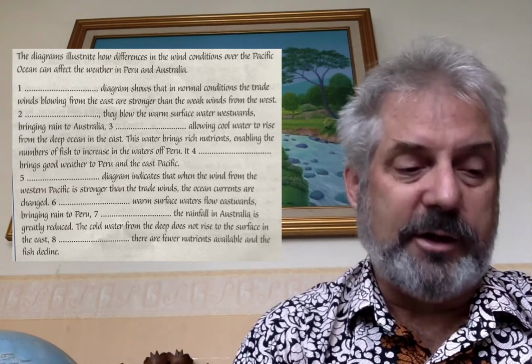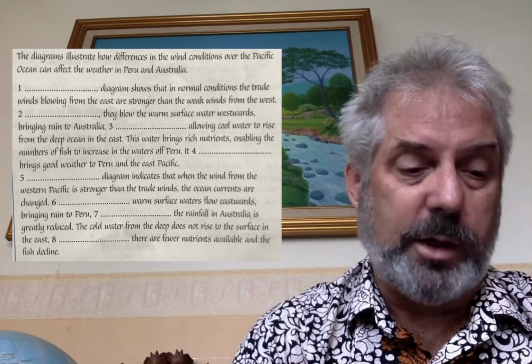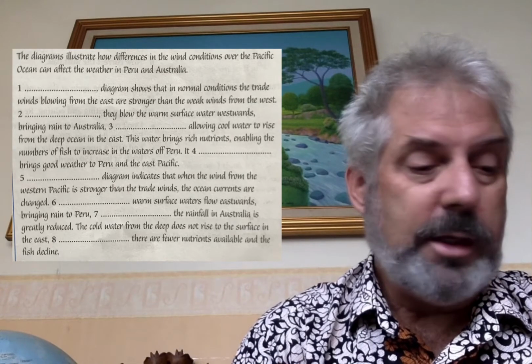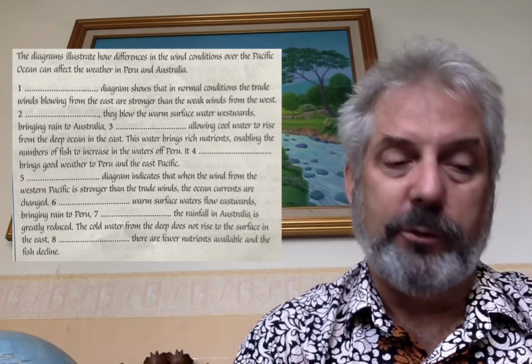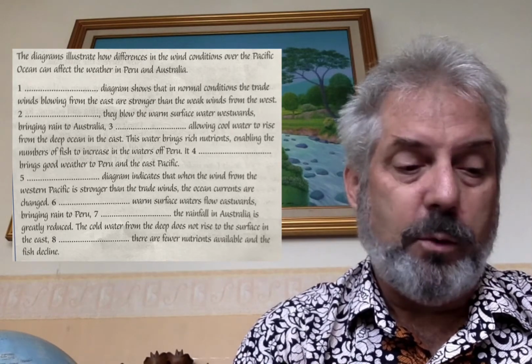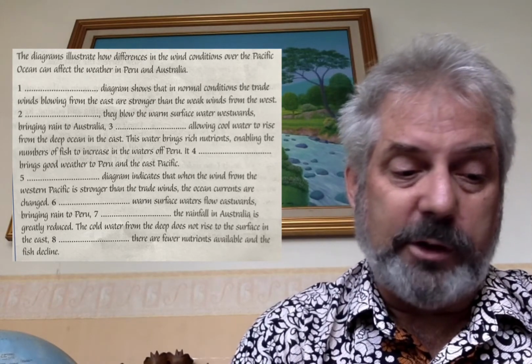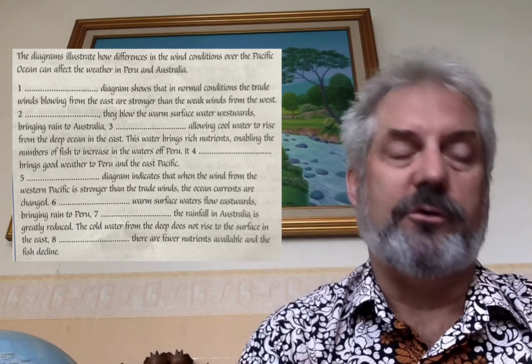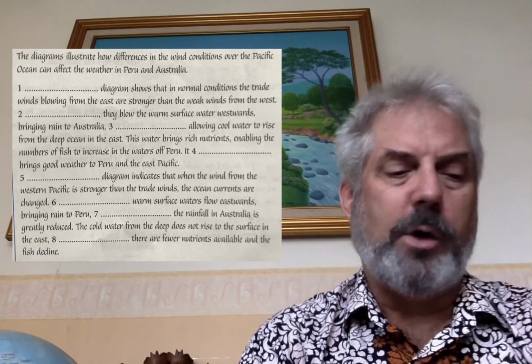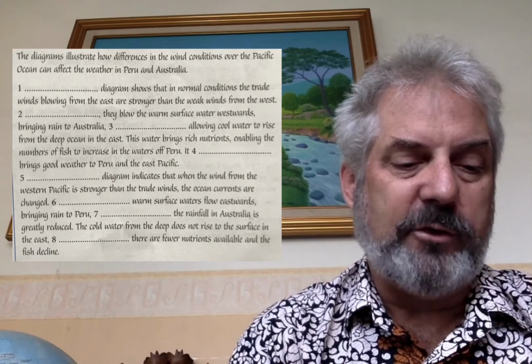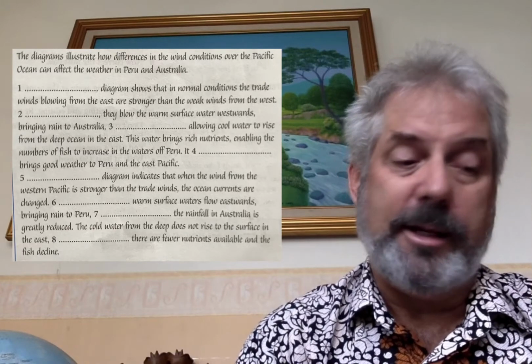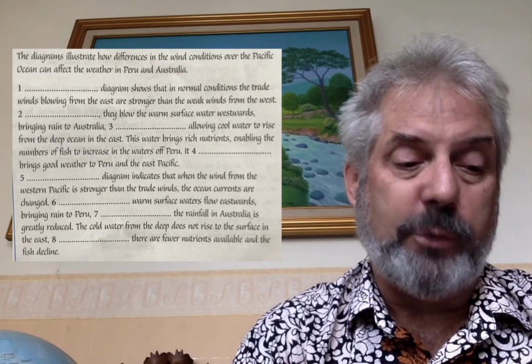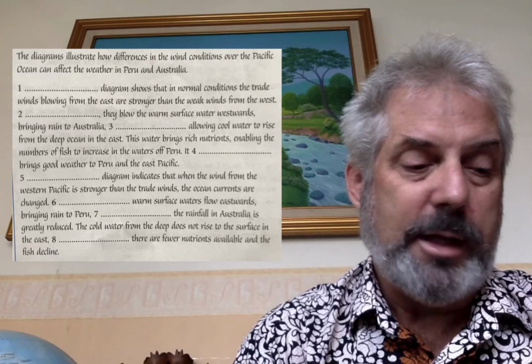In these conditions, warm surface waters flow eastwards, bringing rain to Peru. 7. While the rainfall in Australia is greatly reduced. The cold water from the deep does not rise to the surface in the east. 8. So there are fewer nutrients available and the fish decline.